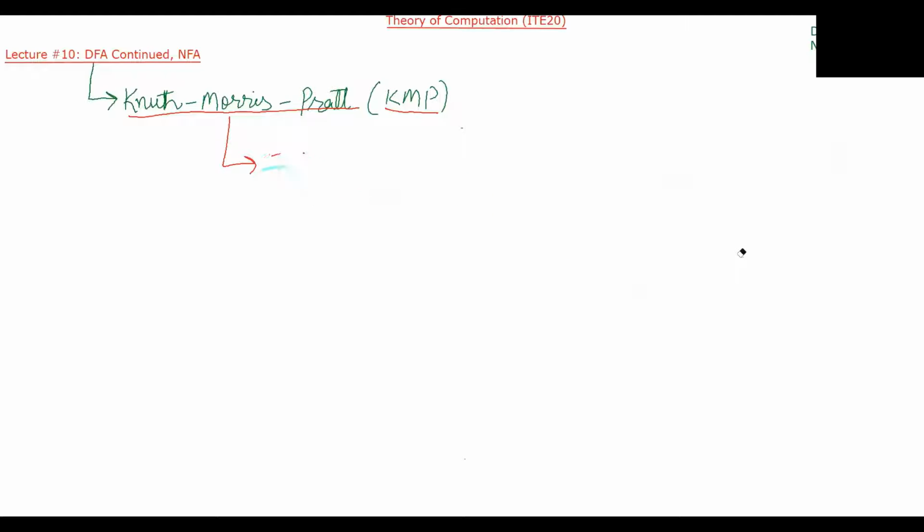Let me erase this portion from here. So what this algorithm is doing: first, it has to find a substring in a string.